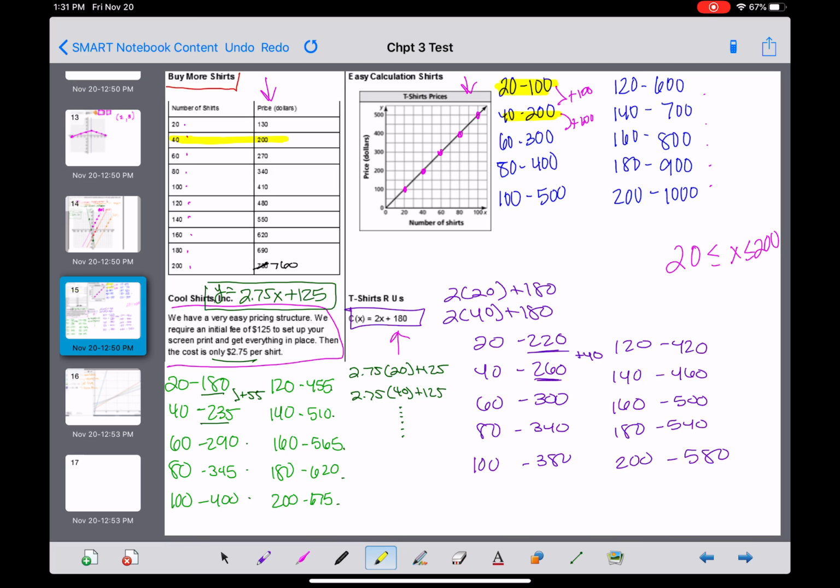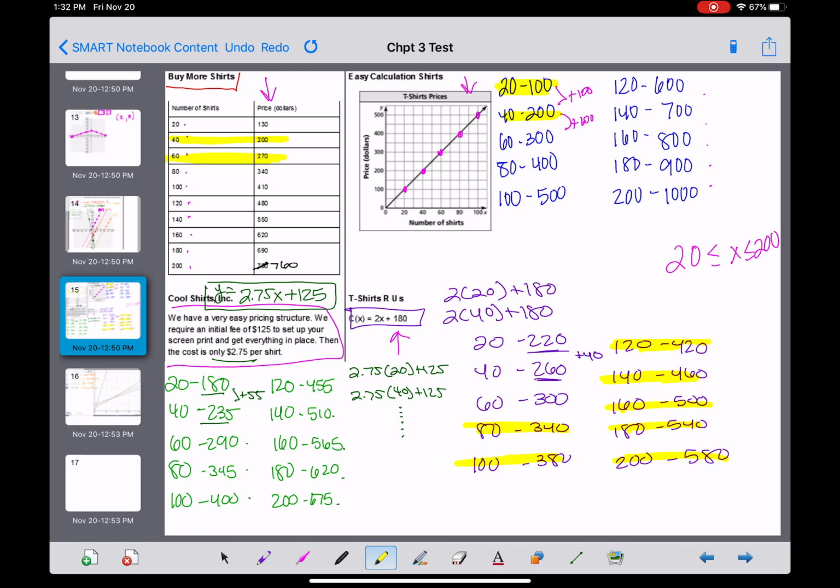They were both $200, which is the cheapest value. For 60 shirts, our cheapest value was still Buy More Shirts. And then from 80 shirts on, the cheapest price was Shirts R Us.